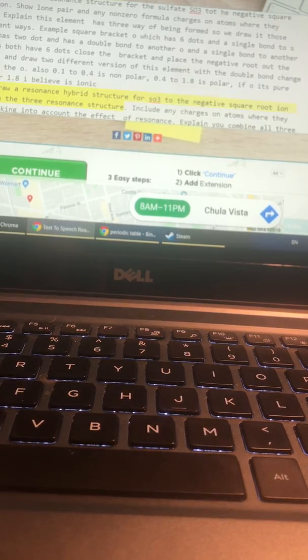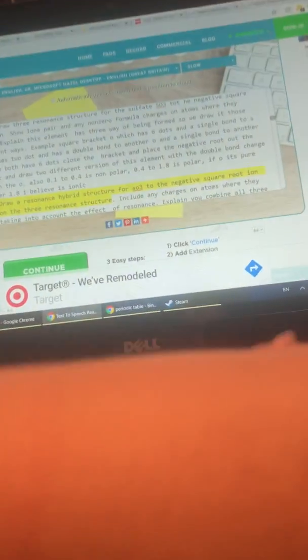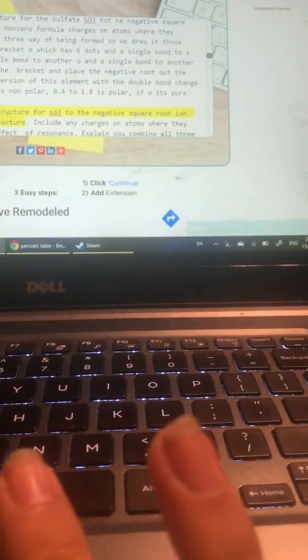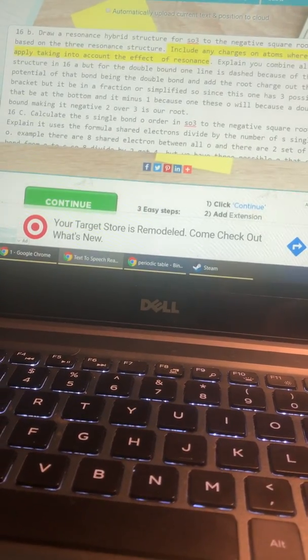16b. Draw a resonance hybrid structure for SO3 2- based on the 3 resonance structures. Include any charges on atoms where they apply, taking into account the effect of resonance.